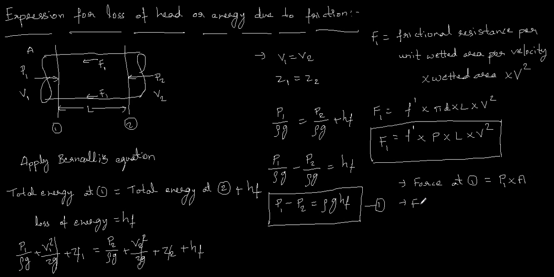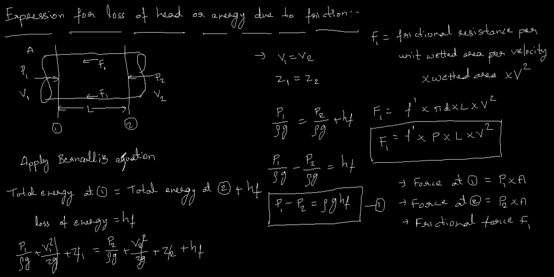Similarly, the force at section 2 is also due to pressure, that is P2 into A. And we have already written the frictional force acting on the fluid when it is flowing from 1 to 2, that is F1.